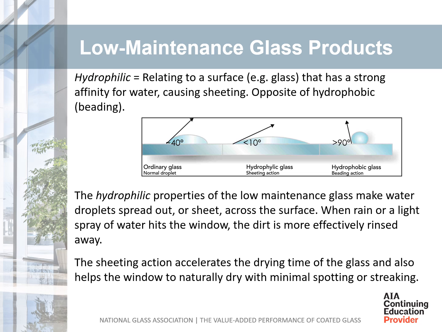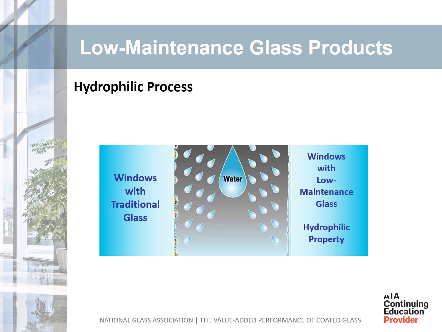This sheeting action also helps the glass dry faster and with fewer droplets spotting or streaking. This picture depicts the difference between normal droplet formation on the glass and the hydrophilic action of low-maintenance glass.